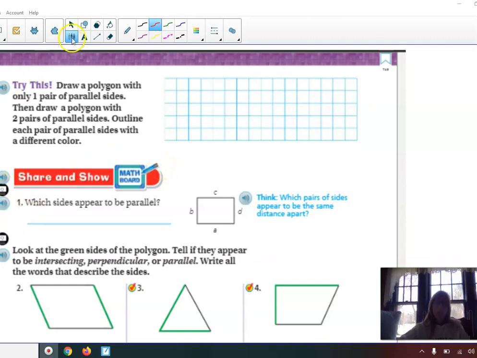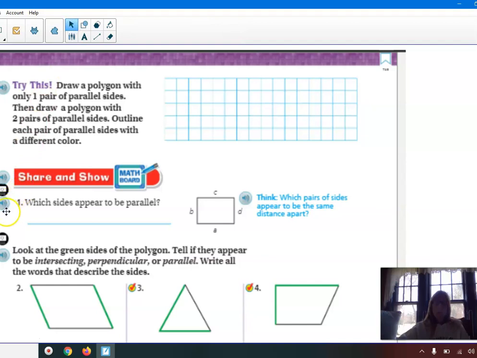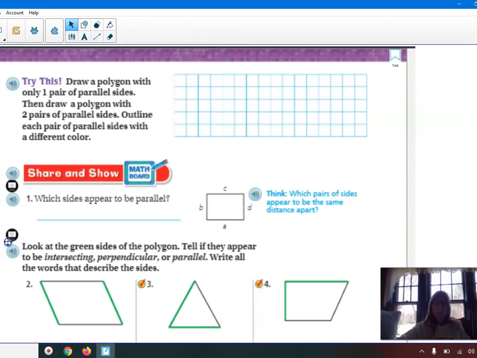Okay? All right, so we've moved on to the next page, and so now we're going to try this. Up at the top of the page, hopefully you can see it, it says, draw a polygon with only one pair of parallel lines. So parallel looks like this, so they do not intersect. So you want one pair.